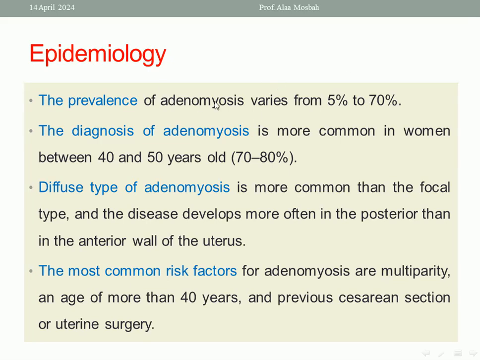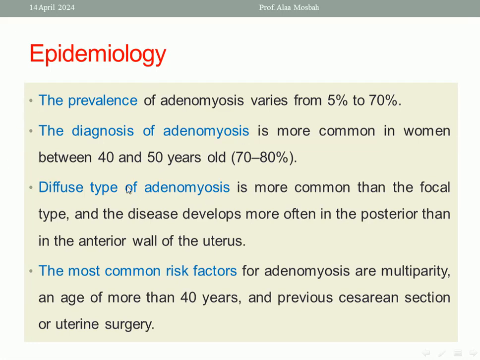That's why it ranges between 5 to 70%. The diagnosis is confirmed with histopathology after hysterectomy. This is a definite diagnosis. However, I can suspect adenomyosis using imaging modalities like transvaginal ultrasound, 2D or 3D ultrasound, or MRI, magnetic resonance imaging, and so on.